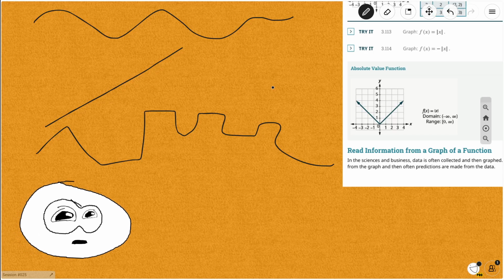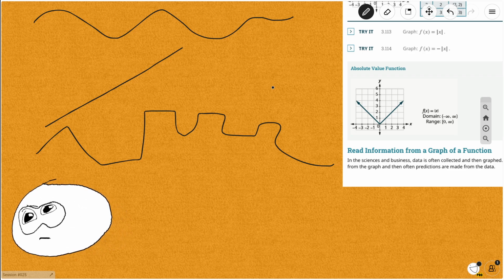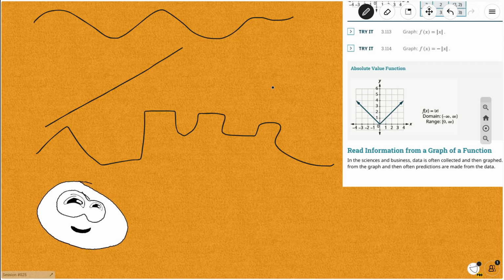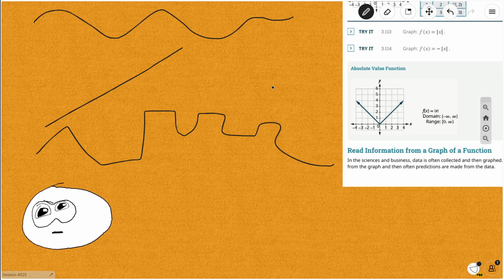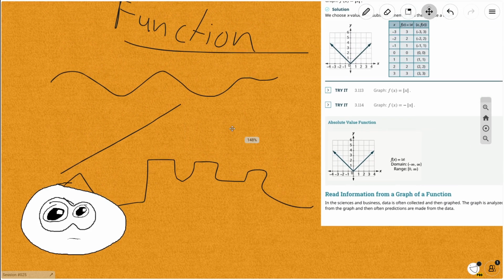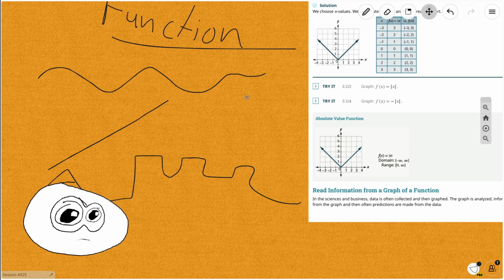Now maybe you might be asking, why is this important? Well, I shouldn't repeat myself, because I'm just repeating myself. One of the things to keep in mind in functions is that it's the part of math and algebra which can be very visual, which can really help students who have strong visual learning, right?